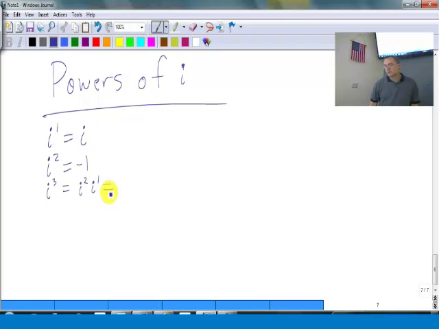Would it make sense to say i cubed is i squared times i? Properties of exponents, 2 plus 1 is 3. And i squared is negative 1. So it's negative 1 times i. So in terms of i, it's simply negative i. We're stuck with that i since it's an odd power, but it's negative i.